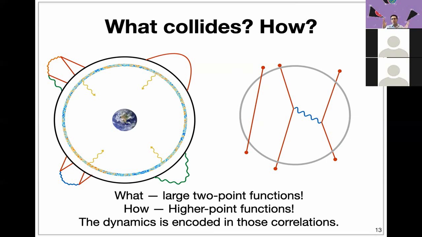So objects with large two-point functions will be the ones that are responsible for collisions. And in the case of inflation, what collide are particles with large two-point functions. In our case, we'll mostly be working with the inflaton, but perhaps also primordial gravitational waves, because they are light and massless, so we do expect them to be stable, even though they might have a weak overall strength of the two-point function.